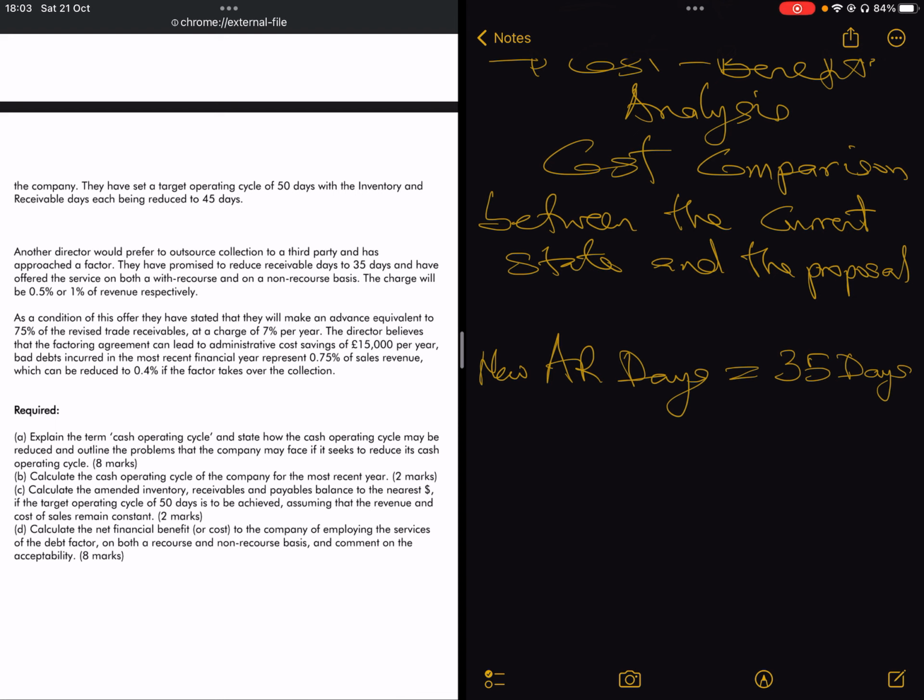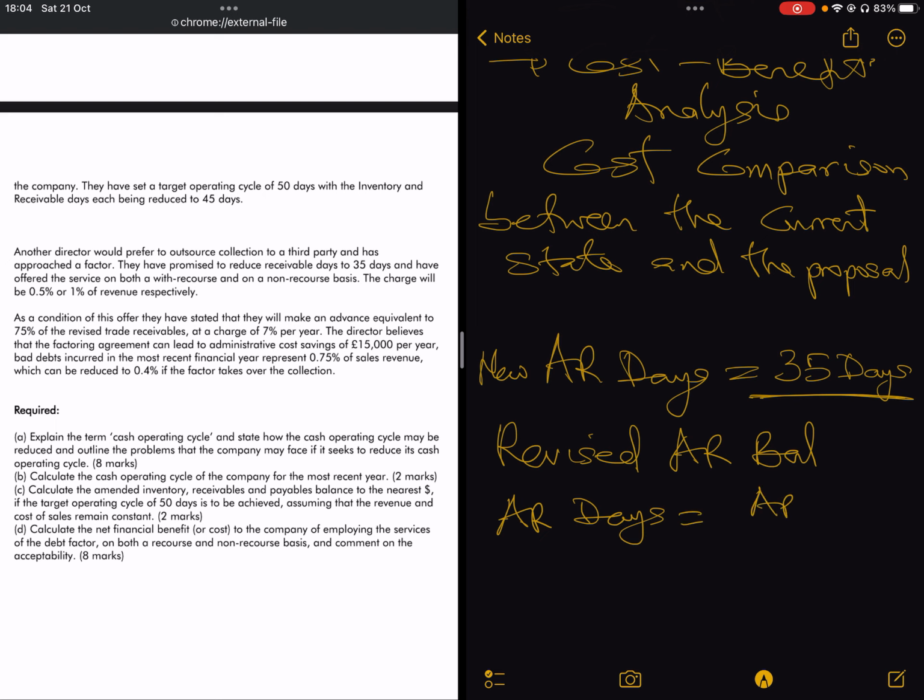Now, in addition to that, as a condition of this offer, they have stated that they will make an advance equivalent to 75% of the revised trade receivable. Remember, because the account receivable days has changed to 35 days, there will definitely be a revised account receivable balance that you will expect. Let's get what the revised balance is. The account receivable days formula is equal to account receivable balance divided by sales times 365.